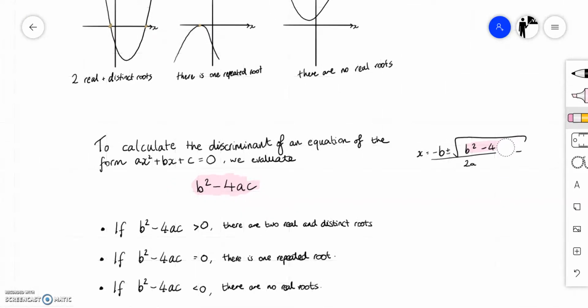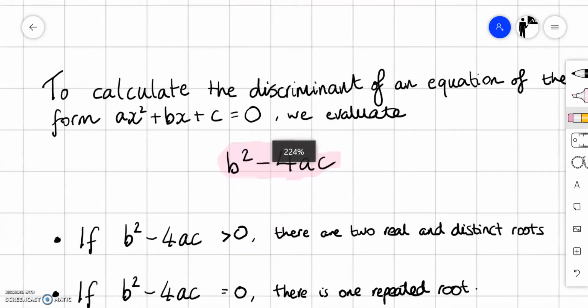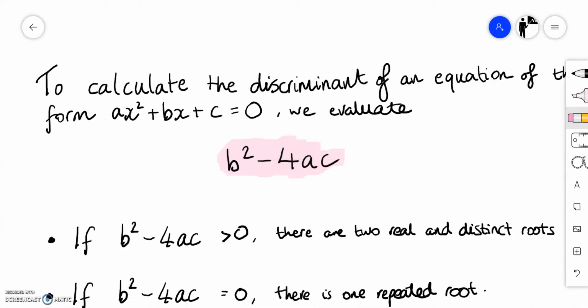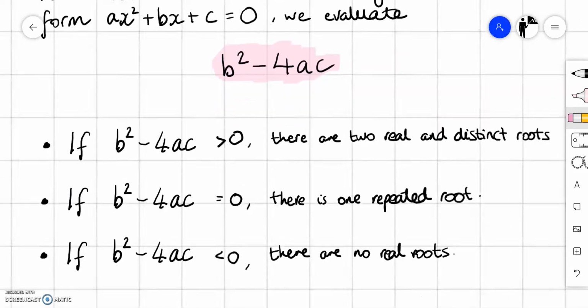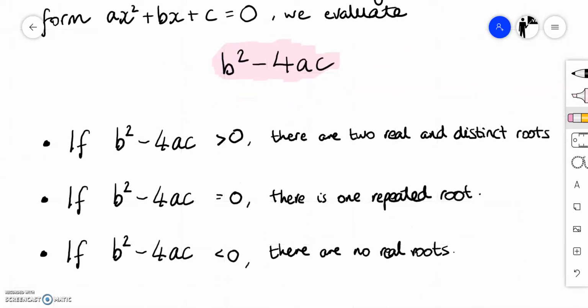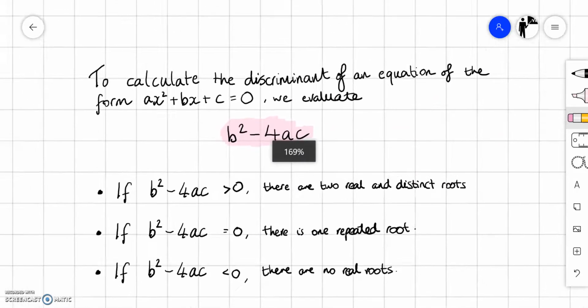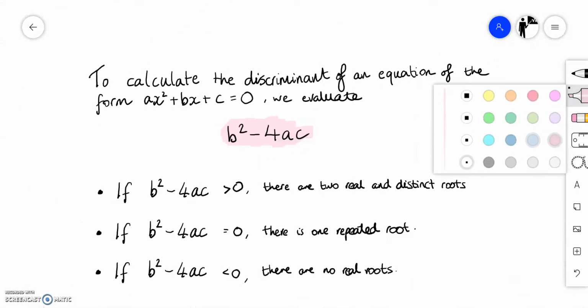You just need to be able to remember how to get there. Okay? So what we're going to do is extract the values of a, b, and c and slot them into this equation. And we're going to get a number out. With our answer to that equation, it's going to fall into one of three categories. It's going to be bigger than 0, equal to 0, or less than 0. If our answer is bigger than 0, that would imply that there are two real roots.